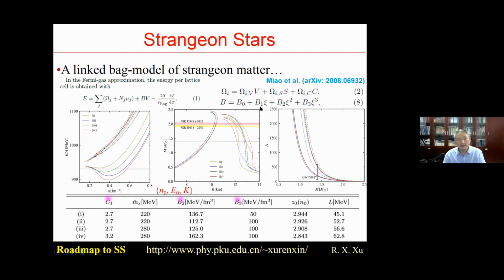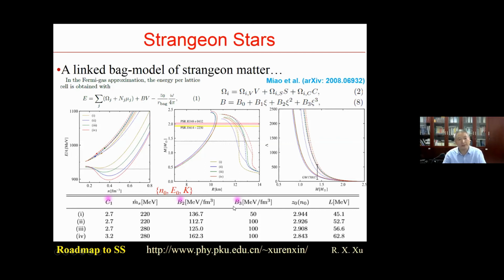So if we think we have a stable 2-flavor nuclear matter, this B1 could be 0. So we have these B2 and B3. Also, this C1 is related to the zero-point normalization value.